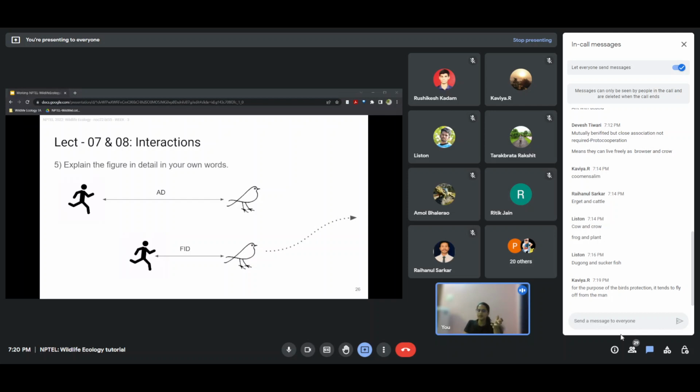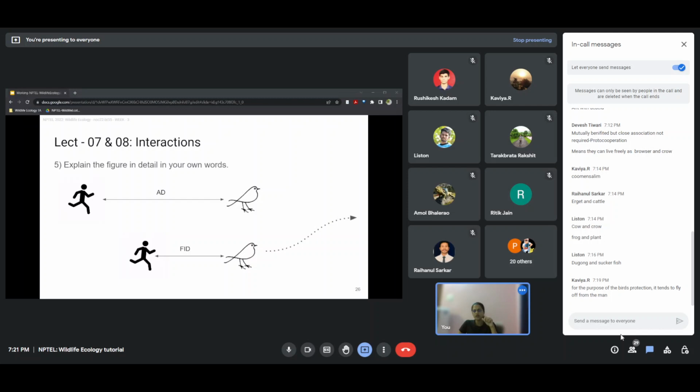So, for example, even in birds, there are birds like crows that let you come really close to them, right? And they don't fly off, they're quite bold. But if you go near another bird, for example a bulbul, have all of you seen bulbuls?